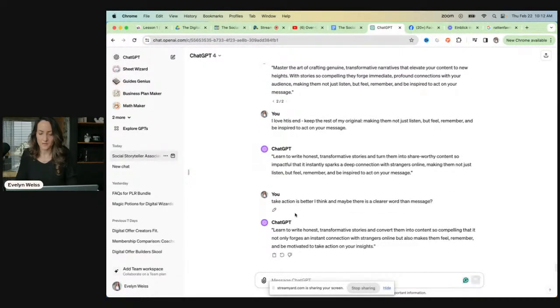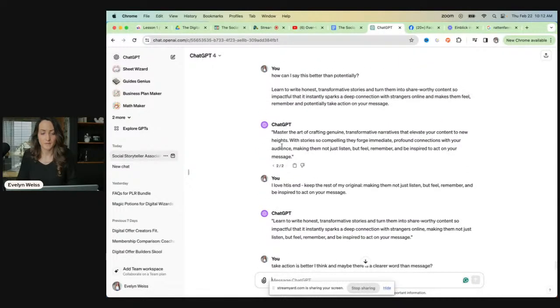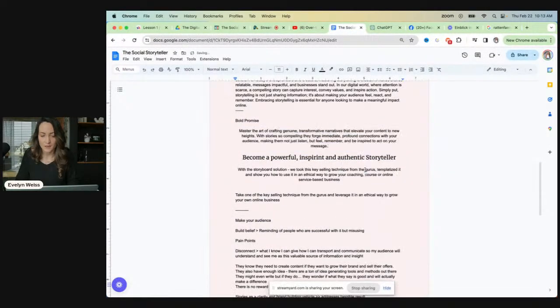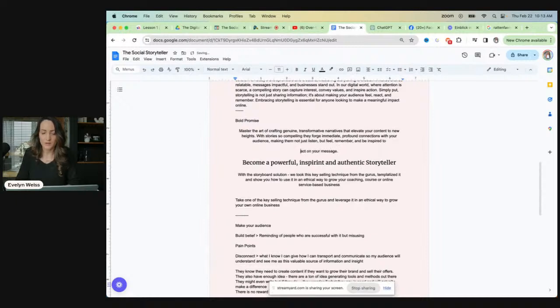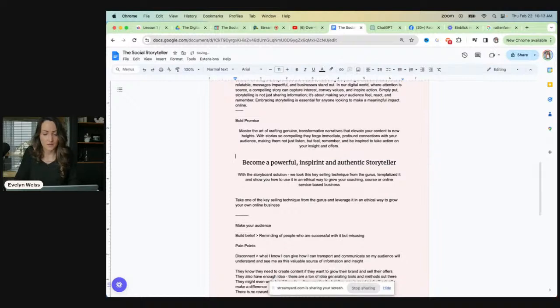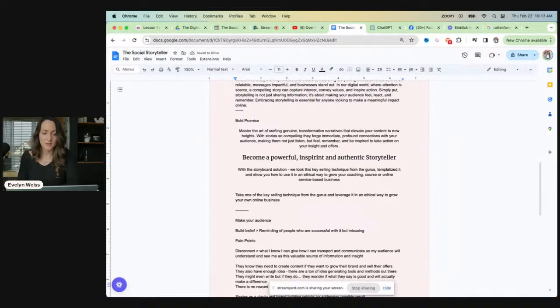Learn to write honest, transformative stories and convert them into content so compelling that it not only forges an instant connection with strangers online, but also makes them feel, remember, and be motivated to take action on your insight and offerings. Okay, master the art of crafting genuine, transformative.